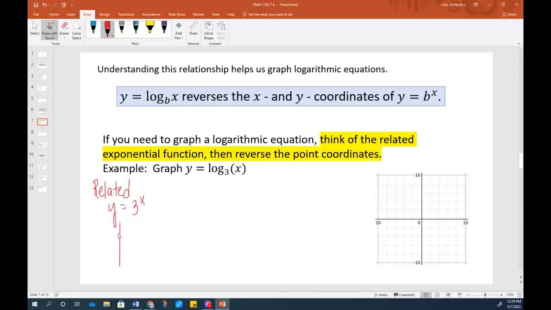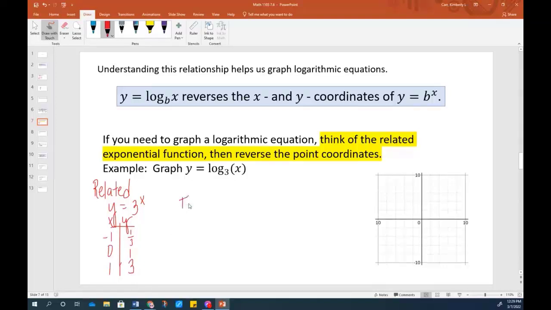So if I were doing 3 to the x, similar to what I did before, I could plug in an x and get out a y value. And I'm going to do it with these 3 points. They're just my go-tos. 3 to the negative 1 is 1/3. 3 to the 0 is 1. And then 3 to the 1 is 3.